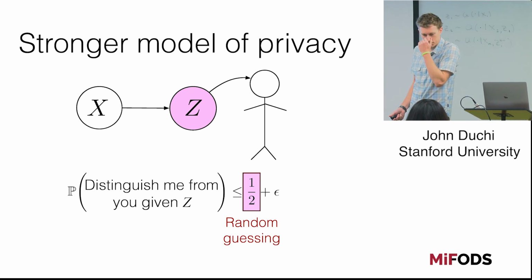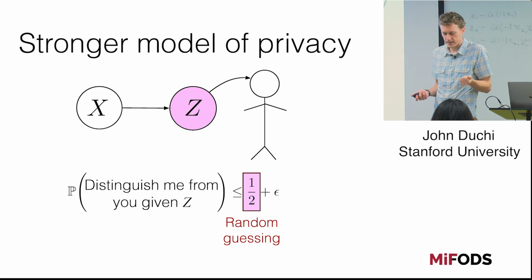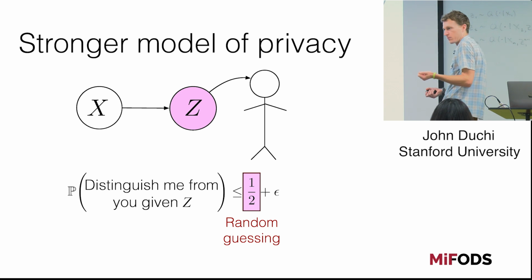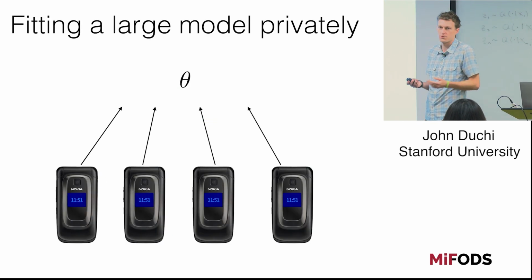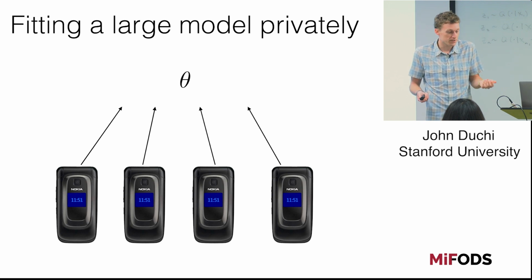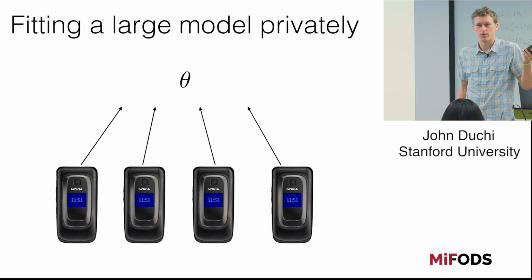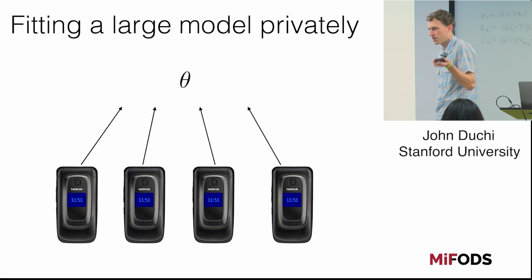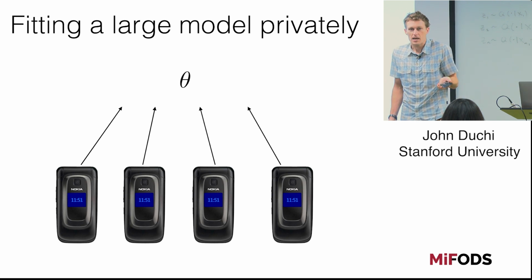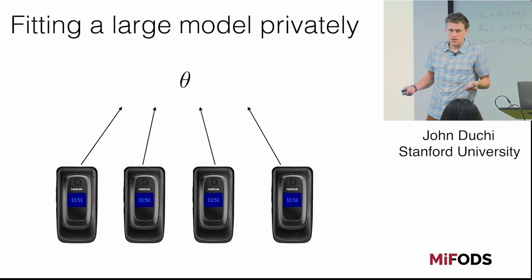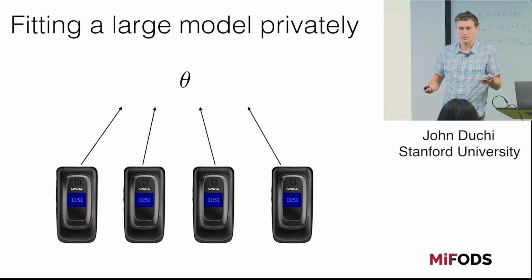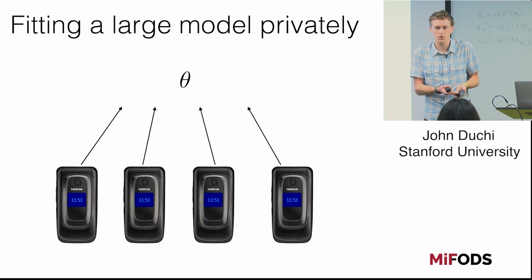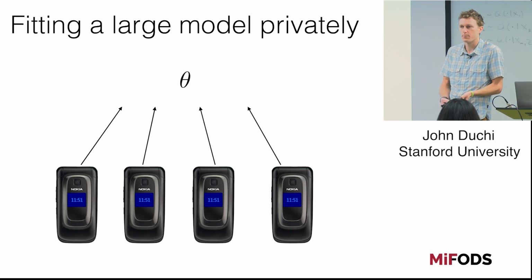So you might ask, why would we ever actually care about this model of privacy? One reason is survey sampling, but another one that's really important these days is that we all have cell phones in our pockets. These things are constantly collecting data on us, and some major cell phone providers, specifically Google and Apple, want to fit models of what you're doing on your phone, say to predict the next word you're going to type, or give you suggestions for where to go to dinner.